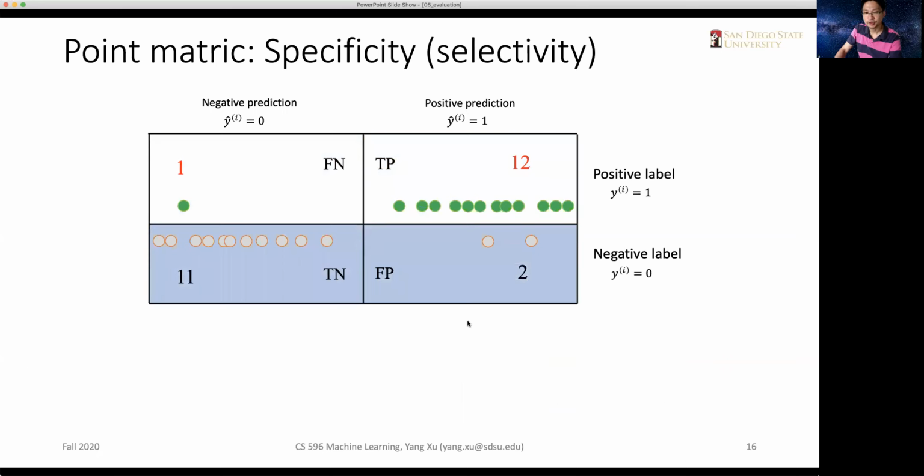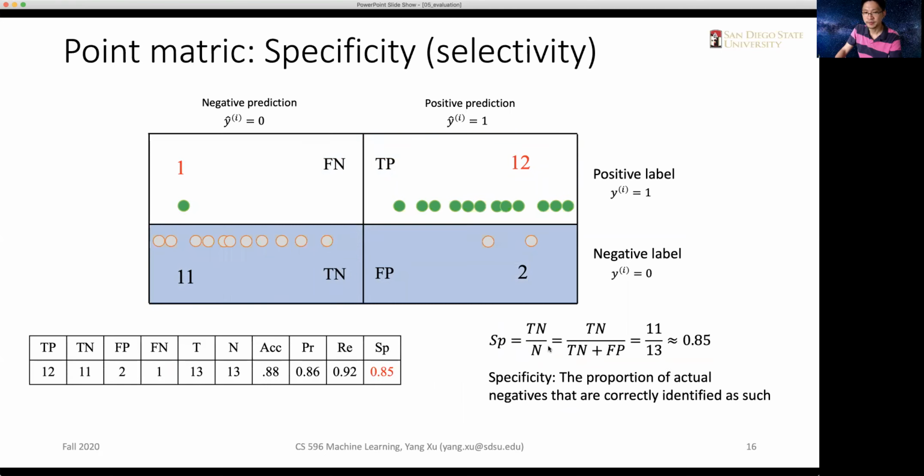It is the ratio of true negatives among all negatives. Basically, it is the proportion of actual negatives that are correctly identified as such. Relatively speaking, this specificity or selectivity measure is not used as often as the previous three, accuracy, precision, or recall.